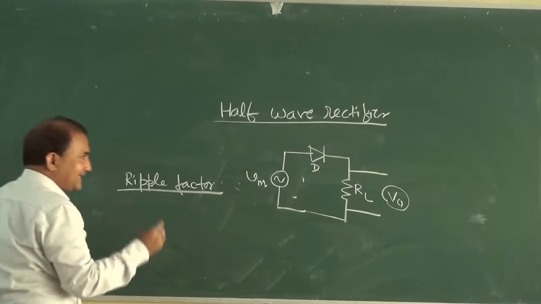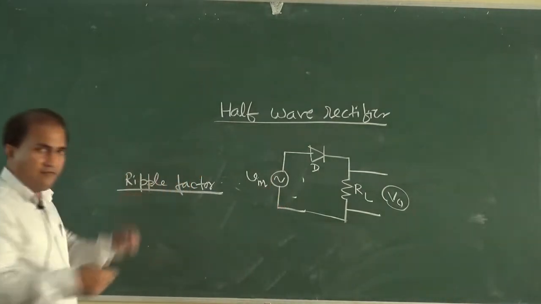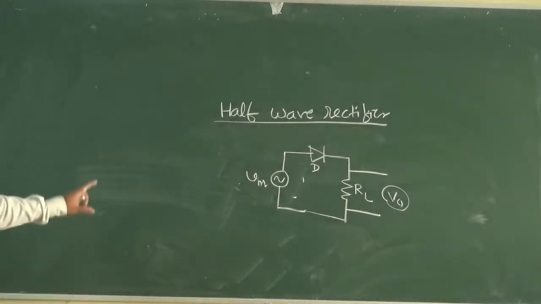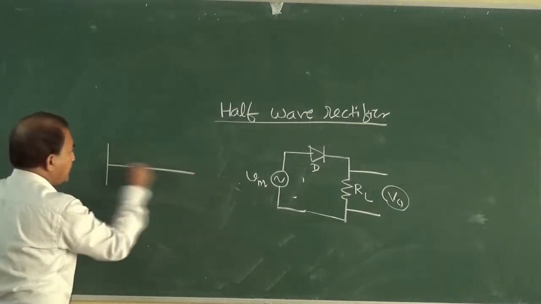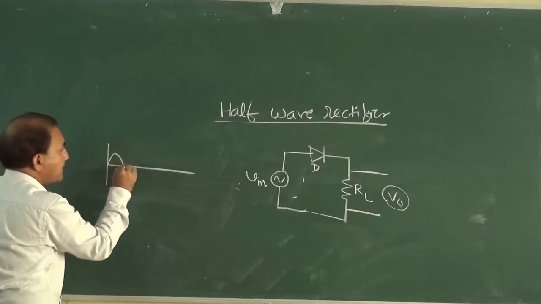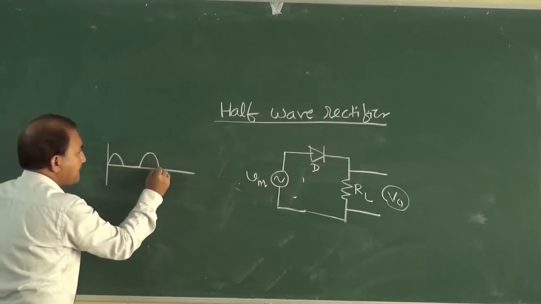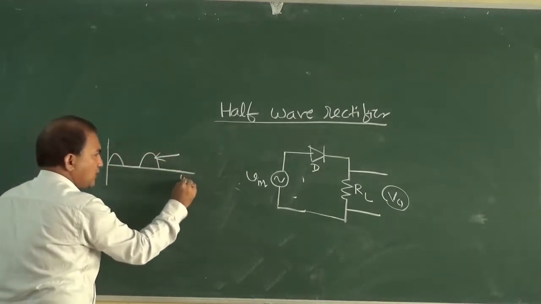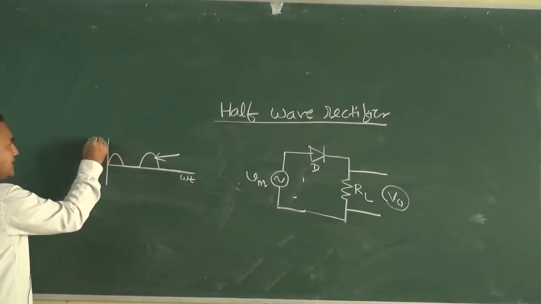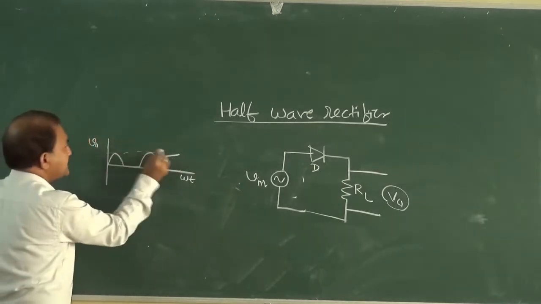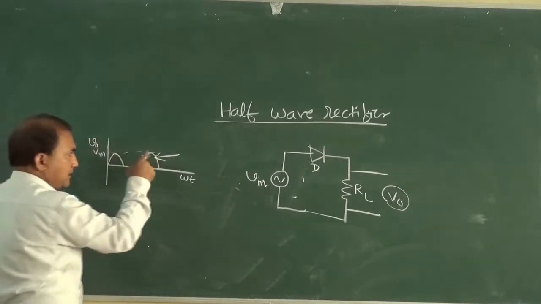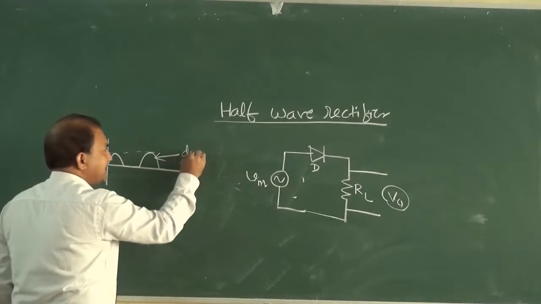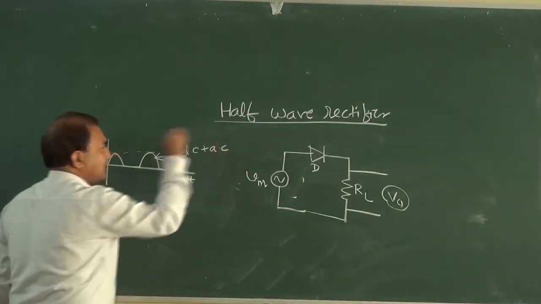In case of a half wave rectifier circuit, the output is like this, omega t versus V out, and it is Vm. The output of a half wave rectifier circuit contains a DC as well as an AC component.